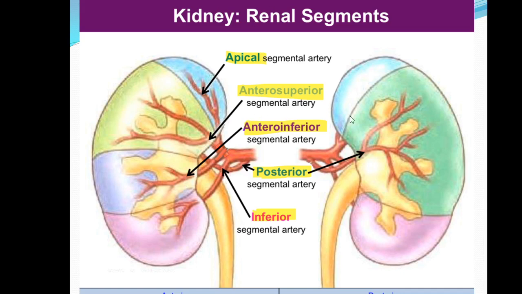This diagram shows the vascular segments of the kidney. Here on the anterior surface you can see the apical segmental artery. This is the anterior superior segmental artery. This is the anterior inferior segmental artery, and here you can see the inferior segmental artery.